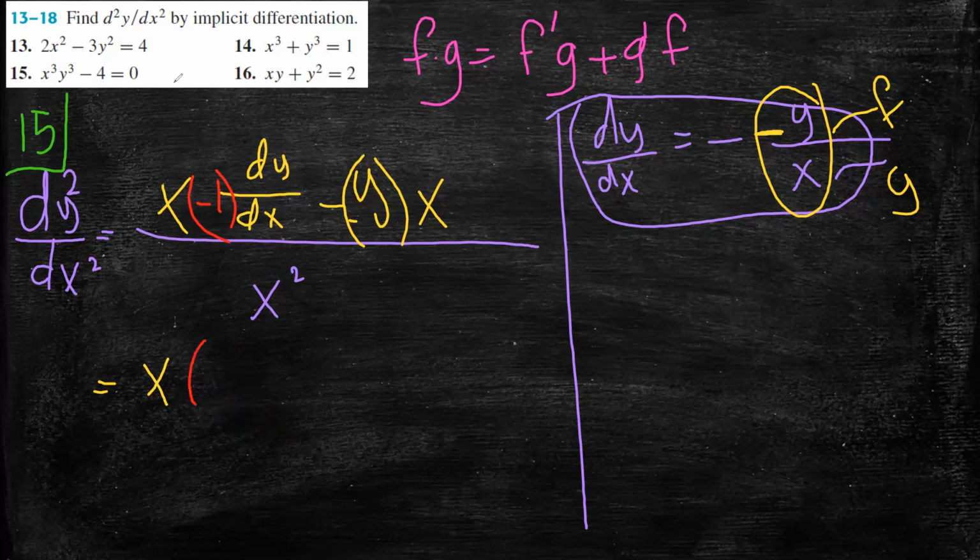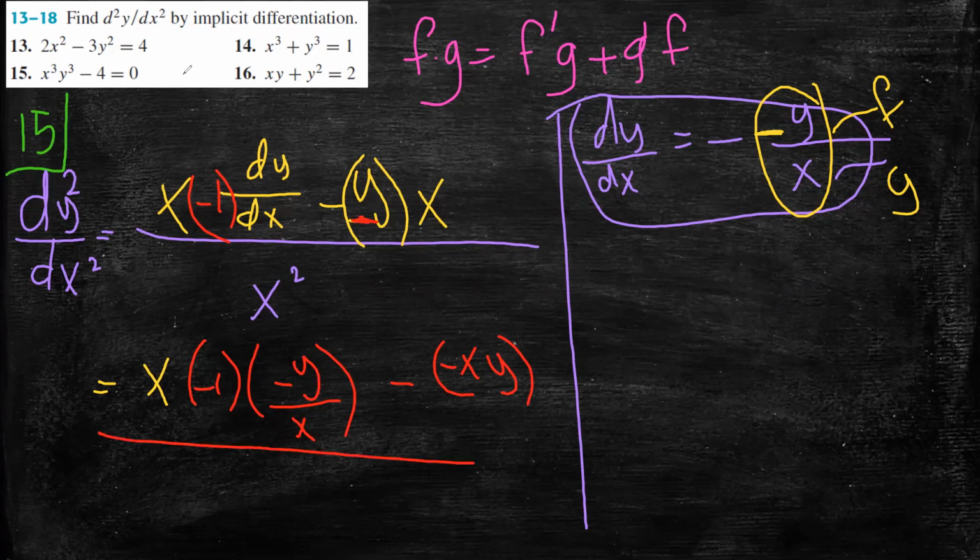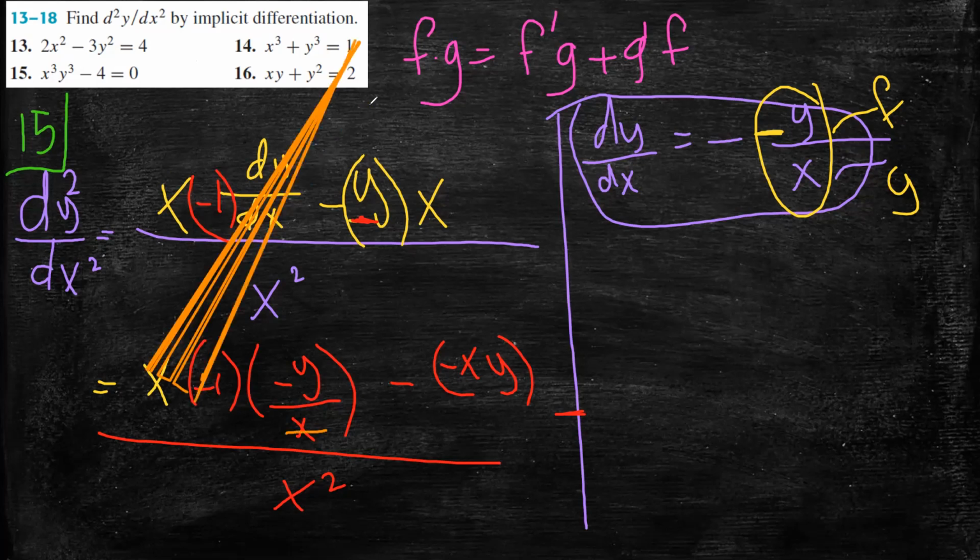So x times negative 1 times dy over dx, which is negative y over x, minus negative x times y. This negative sign times that will be negative xy over x squared. x cancels x, and negative cancels negative.